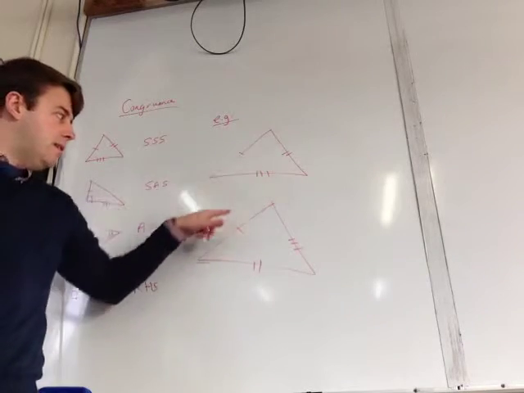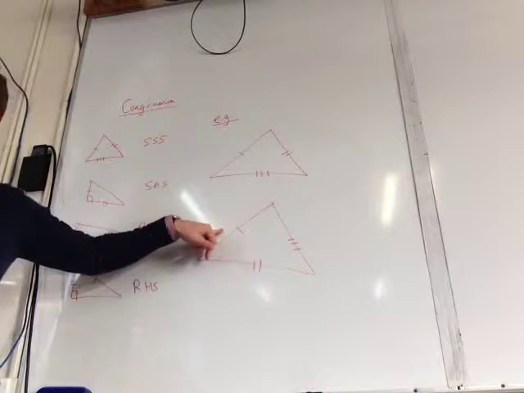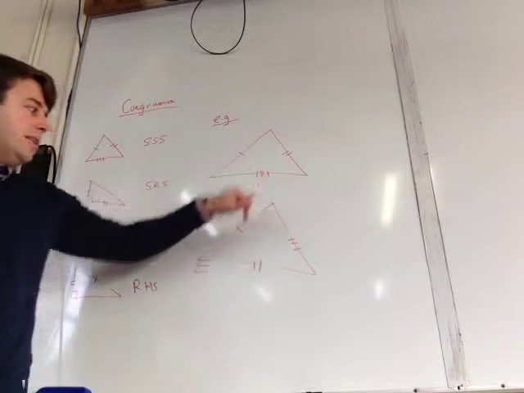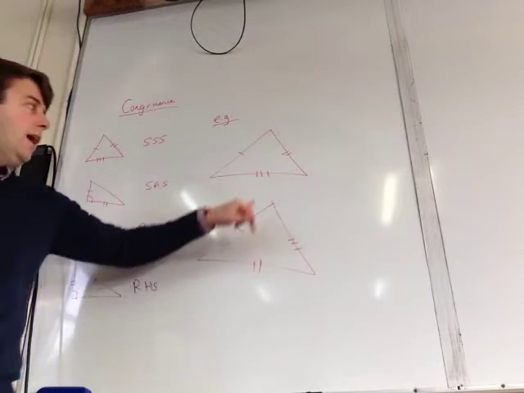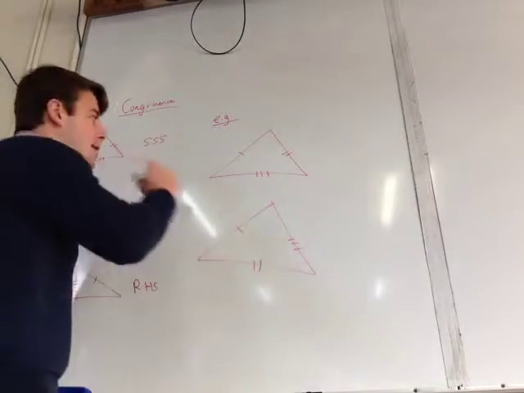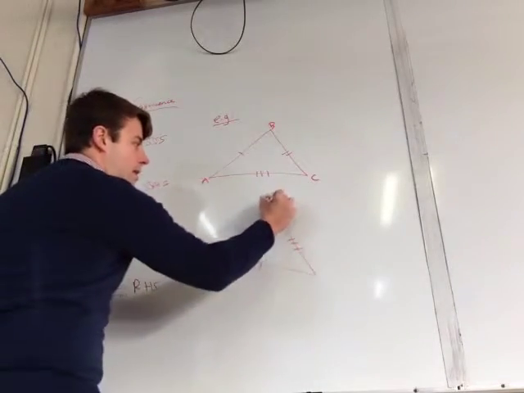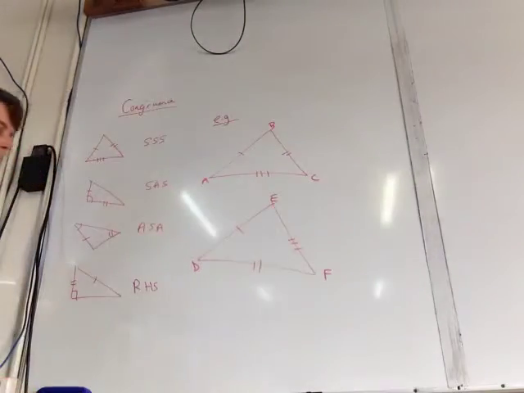These dashes tell you that a single dash is identical as another single dash. A double dash is identical as another double dash. And a triple dash is exactly the same as another triple dash. I'm going to label the triangle A, B, C, and this one D, E, F.